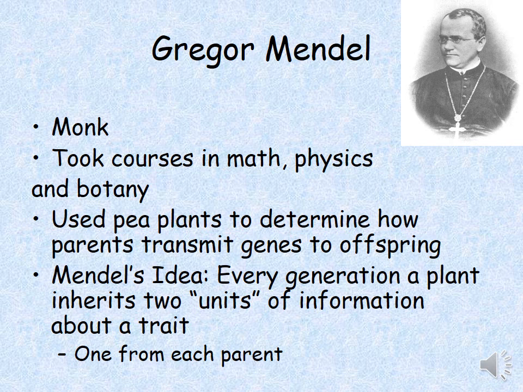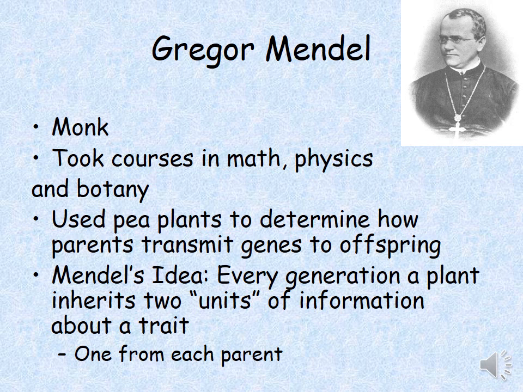But he did learn, by looking at physical traits, the phenotypes of these organisms, and crossbreeding them with each other, that there had to be some sort of two allele system. Mathematically, it just worked out that way.